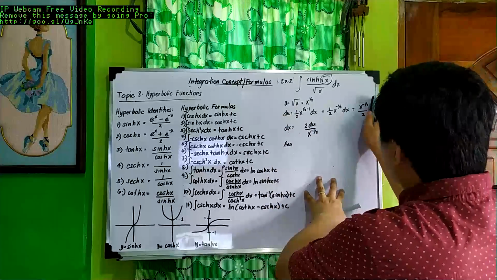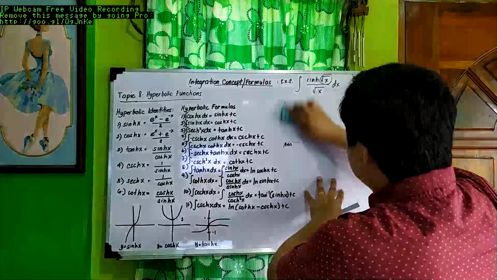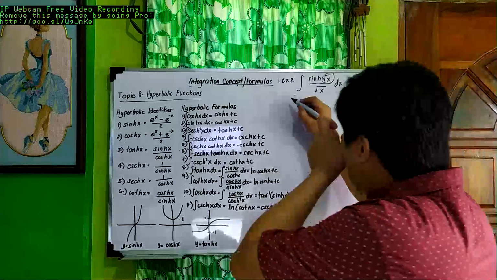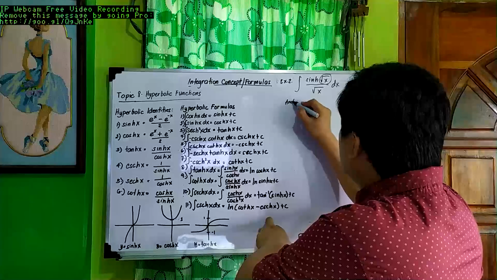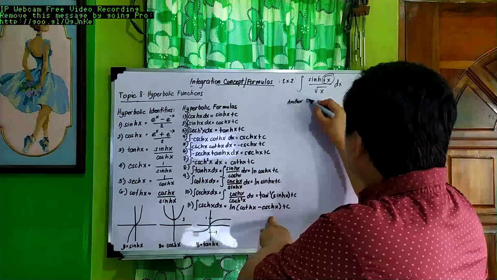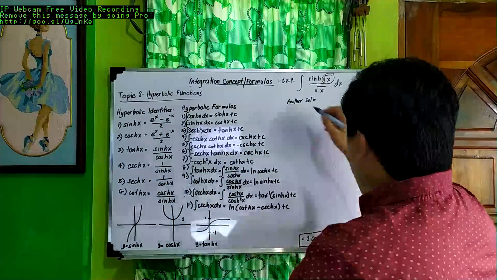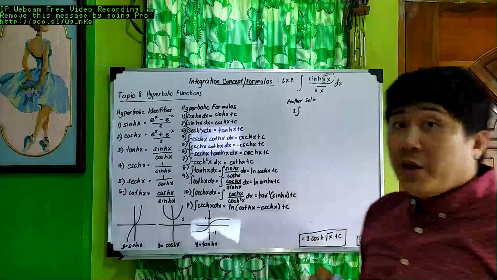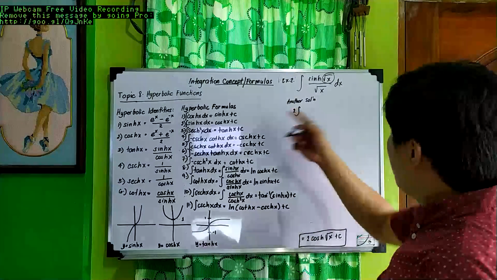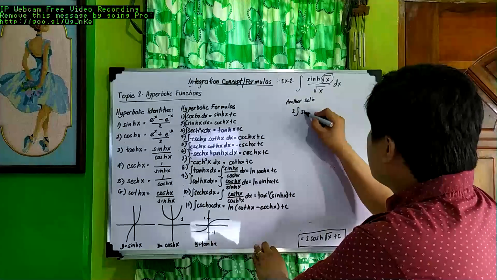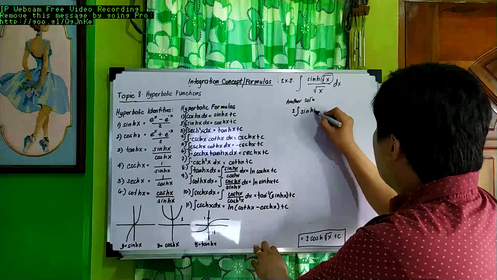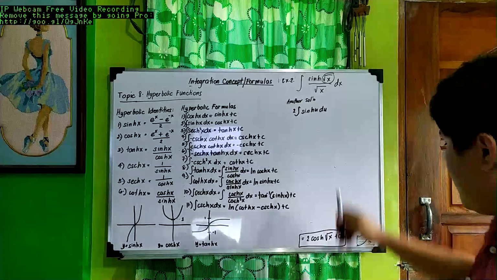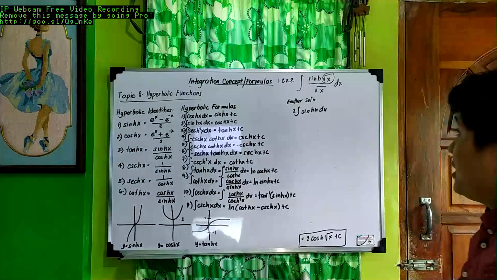Okay, let's have another solution. And we already know that the integral, we have 2, because we moved the 2 already. Sine hyperbolic u du, right? We already have that one, which directly gives us this answer.